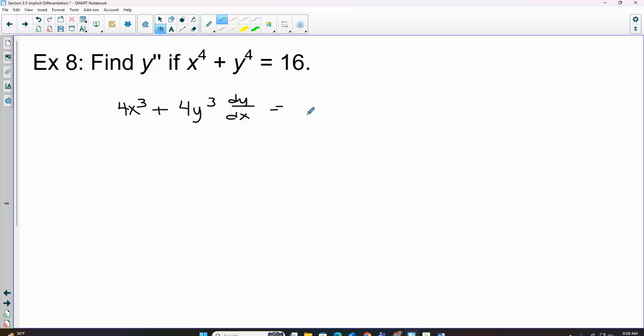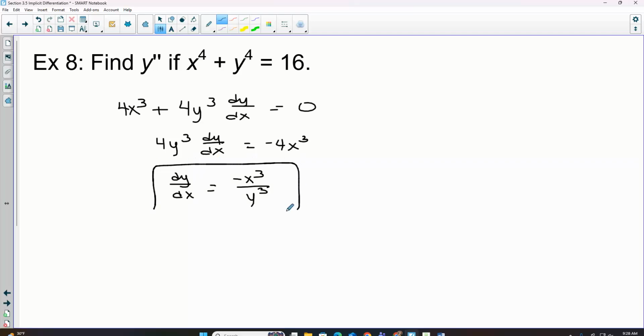Derivative of 16 is 0, and subtract over my 4x cubed. Divide by 4y cubed, which would reduce to 4, so we just get negative x cubed over y cubed. That's my first derivative.